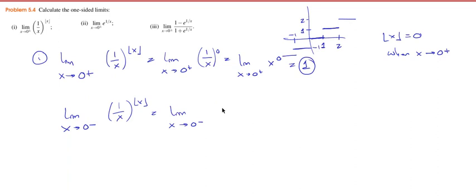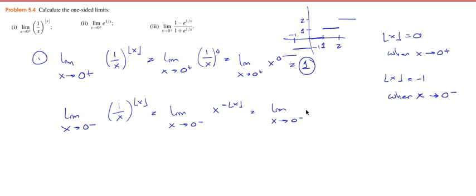Now what happens when you approach 0 from the left? Let me write it like this: this is x to the minus integer part of x. So this is equal to the limit when x goes to 0 from the left of, and what's this? The integer part of x is minus 1 when x approaches 0 from the left.